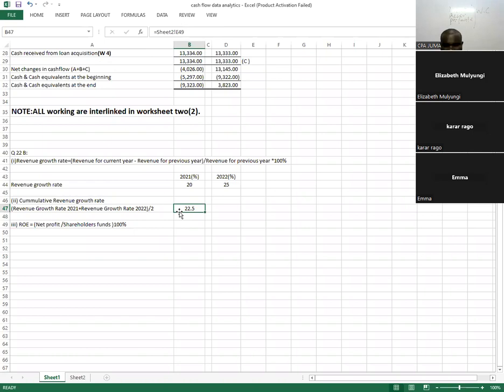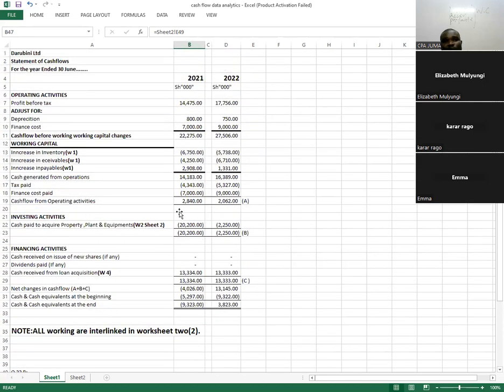Assume the vertical ratio for 2022 for the 2023 forecasts, except that depreciation and finance cost remain constant. Tax is assumed to be 30%. So no problem there.